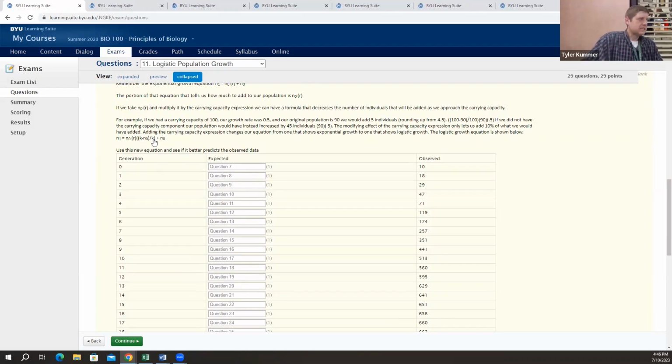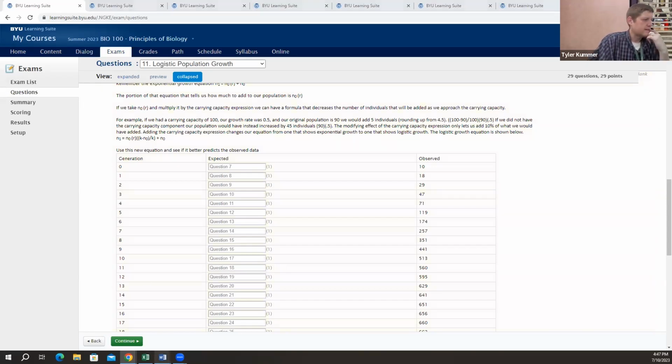But what that does is, as we go through and predict generation after generation, as we get closer to that carrying capacity, the percentage that we would have added under the old model is smaller and smaller and smaller. It shrinks it down. And that helps us generate better predictions that account for these limiting factors.